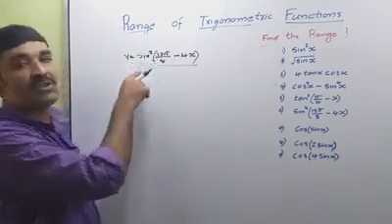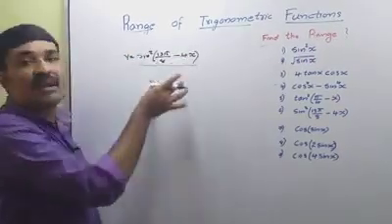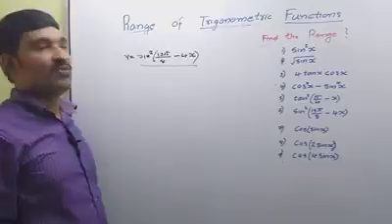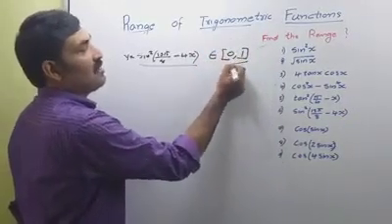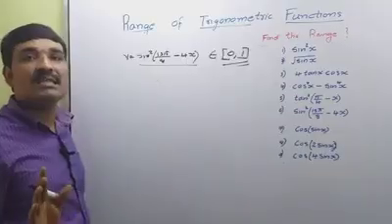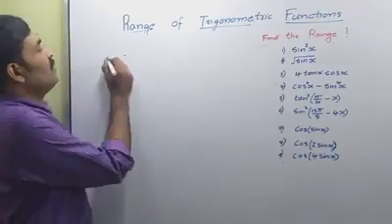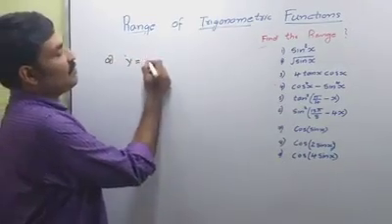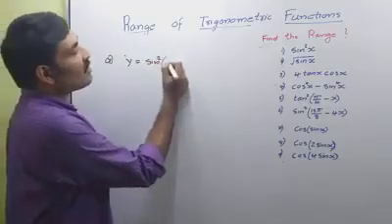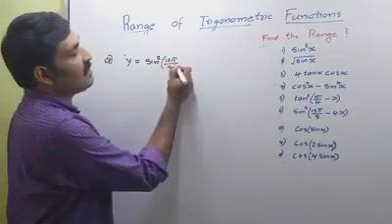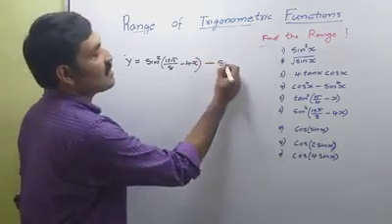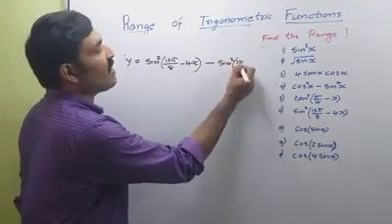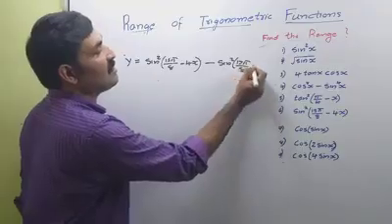So the value of sine square of this argument lies between 0 and 1, in the closed interval 0 to 1, since the square of a function is always positive. Okay, y is equal to sine square of 15 pi by 8 minus 4x minus sine square of 17 pi by 8 minus 4x.